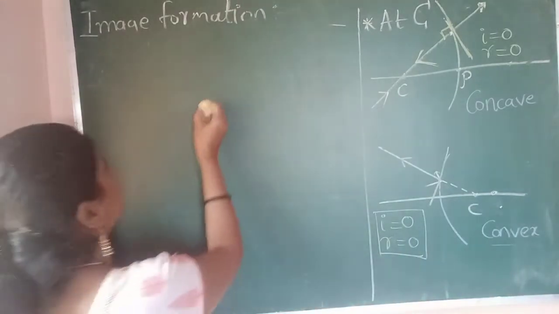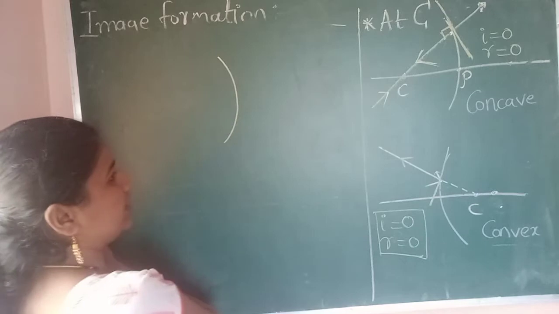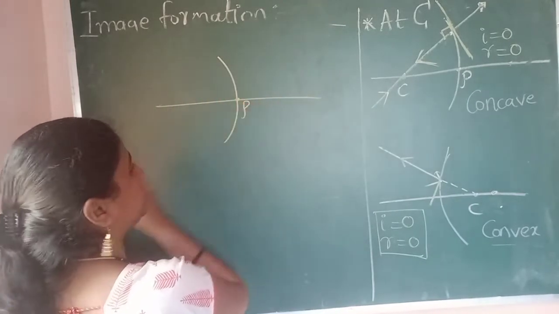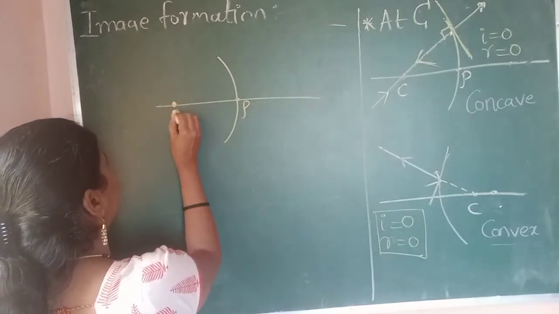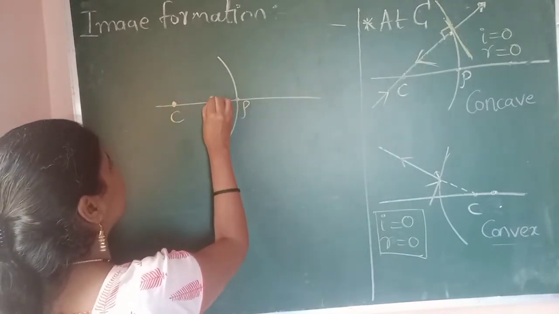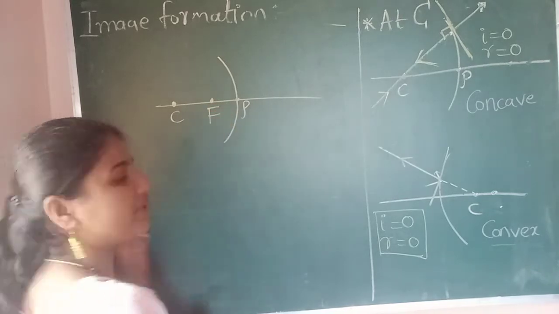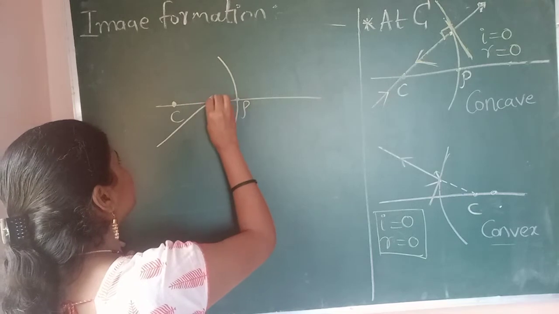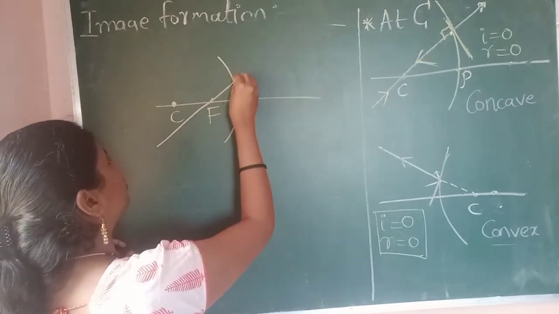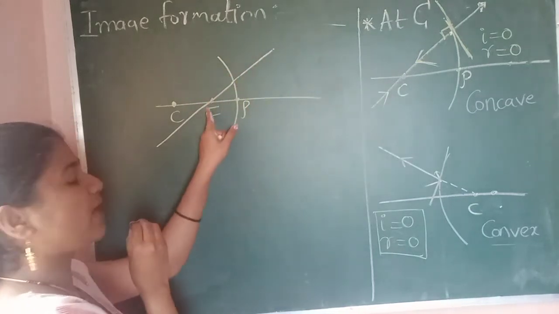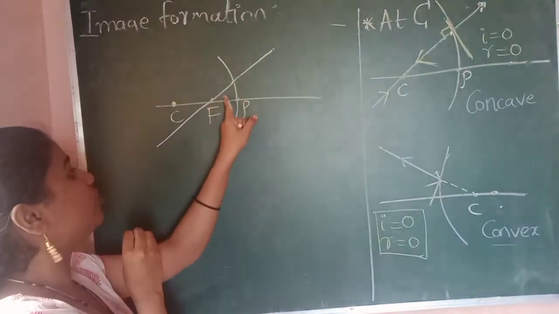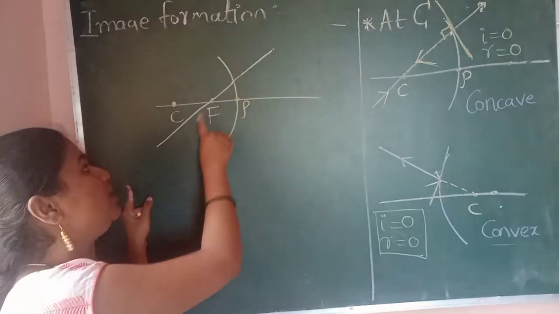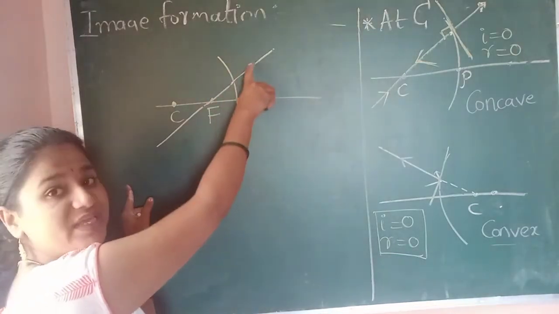Now let us consider a concave mirror. Then this is the pole. Okay, this is a center of curvature and this is the focus point, principal focus. Let us think a ray of light is passing through the focus point via spherical mirror.